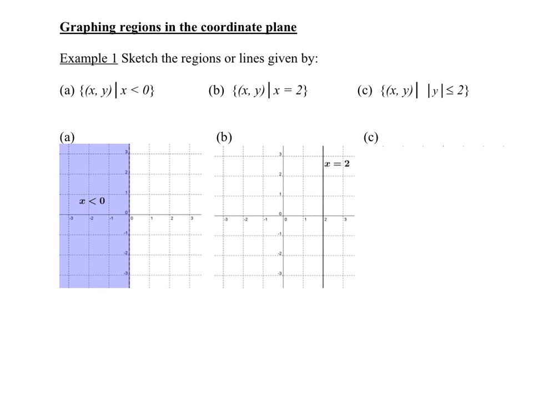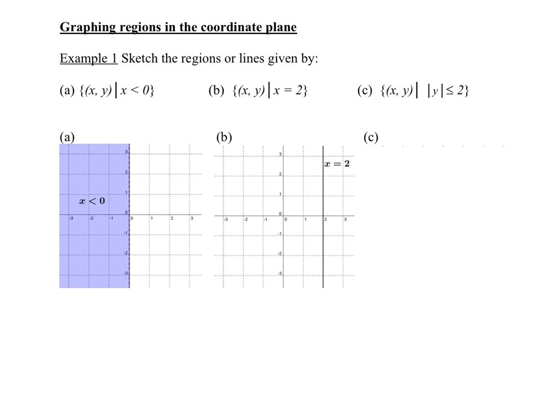And then finally, if you wanted to graph, and I should mention this is the absolute value of y, |y| ≤ 2. That means y could be 1, because 1 is less than or equal to 2. y could be equal to 1.5. y could be equal to 1.9, but it could also be -1.9, because the absolute value of -1.9 would still be less than or equal to 2.